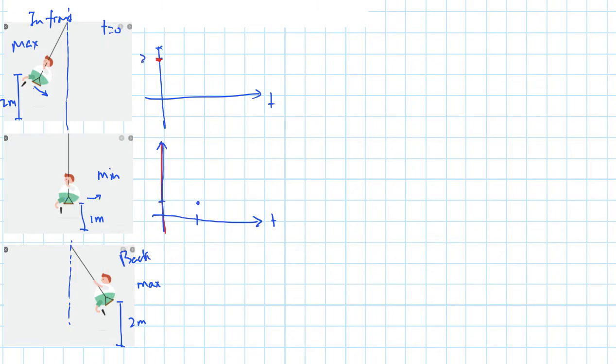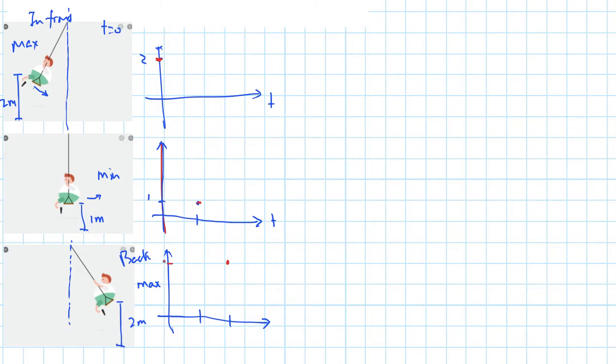Let's say this is 2 and this is 1. I'll connect the dots into a line later. If you continue for the same amount of time from the maximum to the minimum, it will raise him from the minimum to the maximum, so he'll reach the maximum again.